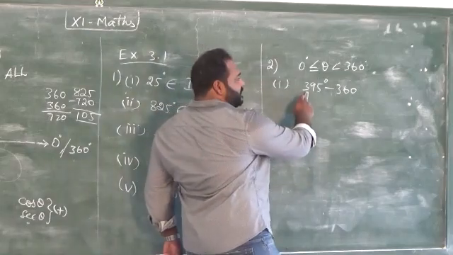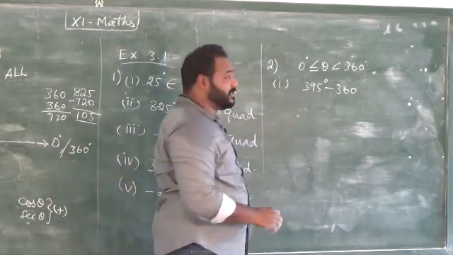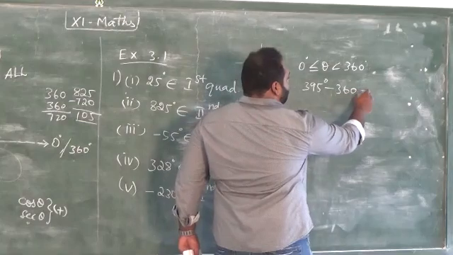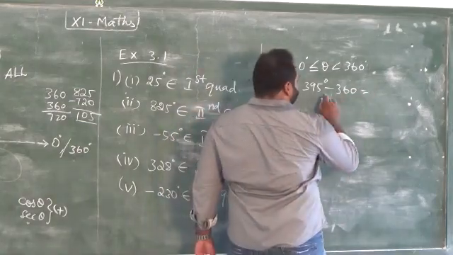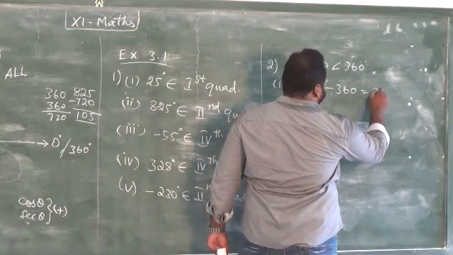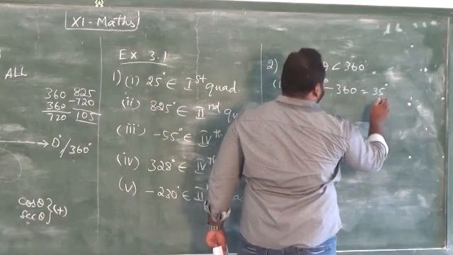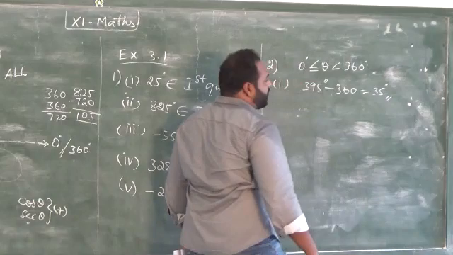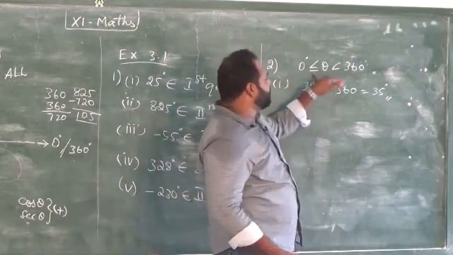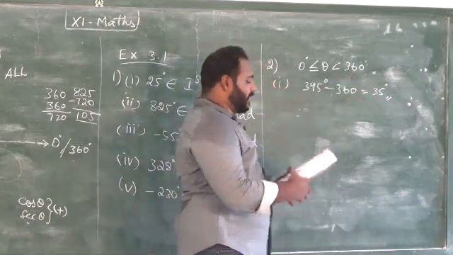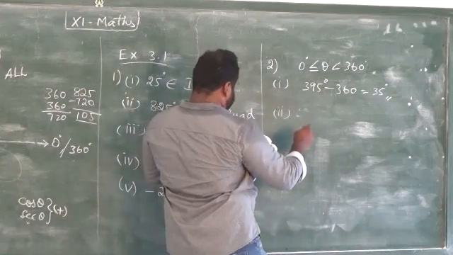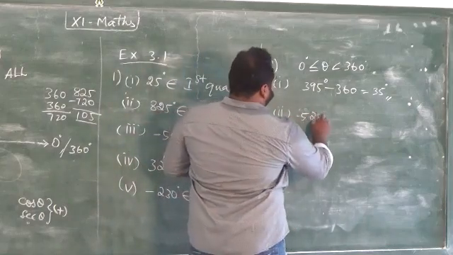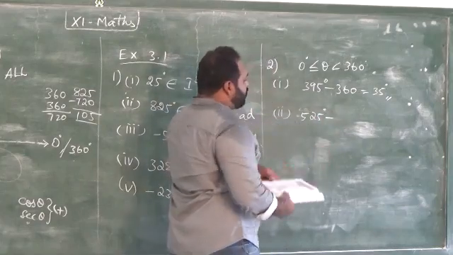Here 395 is more than 360, so you have to subtract 360. If you subtract, it is 35. It is the coterminal angle. So 35 is in between the given condition. Okay, next, second question is 525. Same as the last problem. Here it is more than 360.